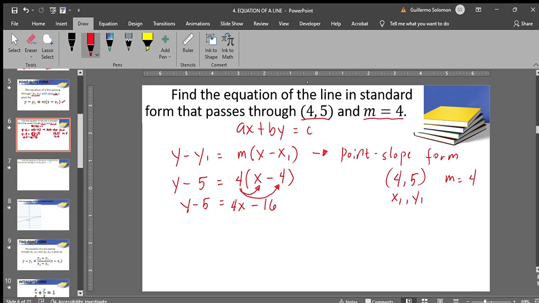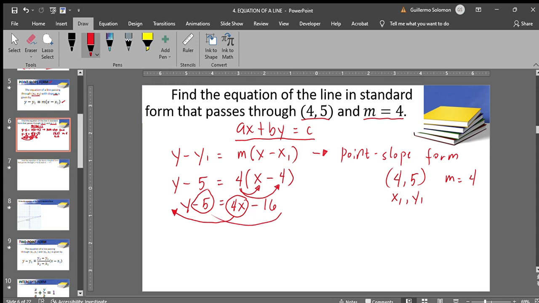Okay, next, ayan na. Well, so we are able to simplify it. So kailangan natin gawin siyang standard form. So paano yun? Lahat ng x and y terms nasa left side and lahat ng constant term nasa right hand side. So ganun gawin natin. Is 4x here, transpose ko siya papunta dito. And itong negative 5 na to, lilipat ko siya sa right hand side.